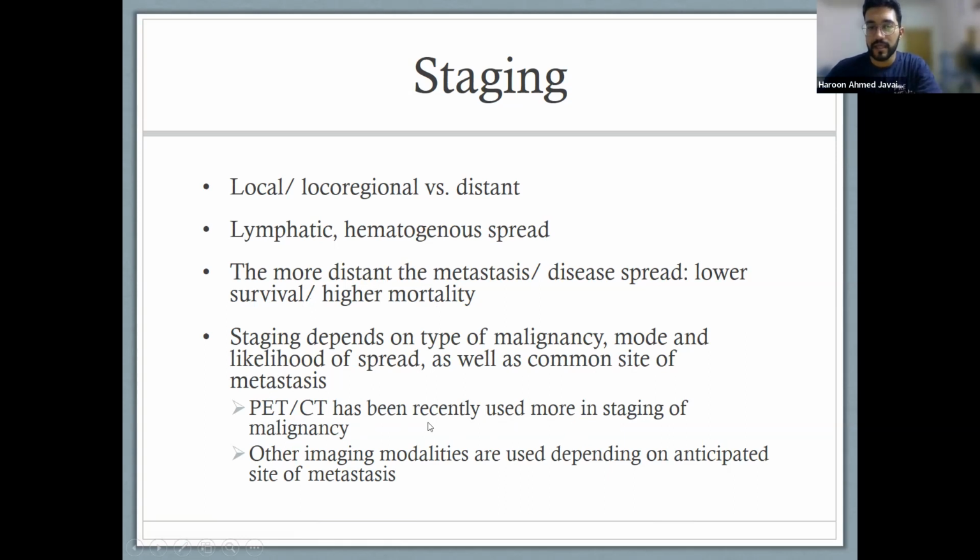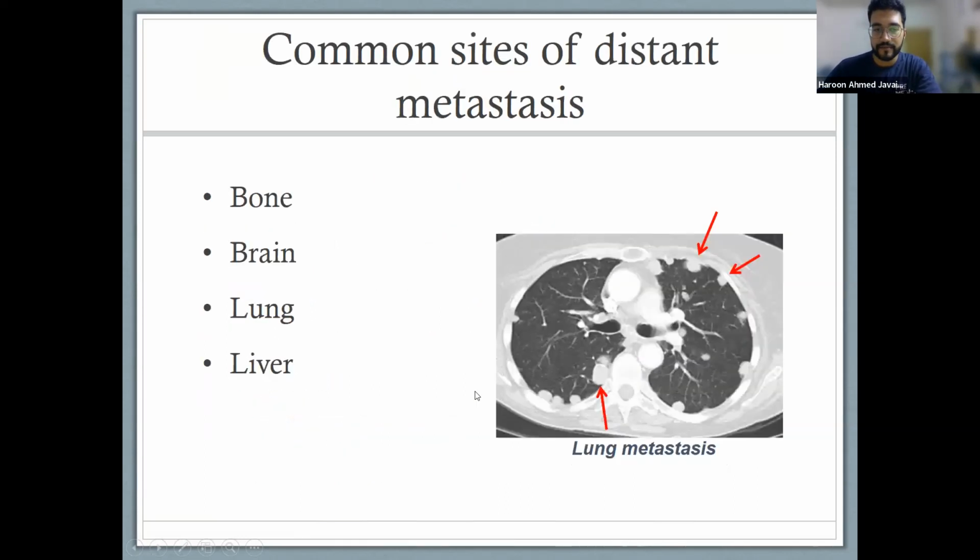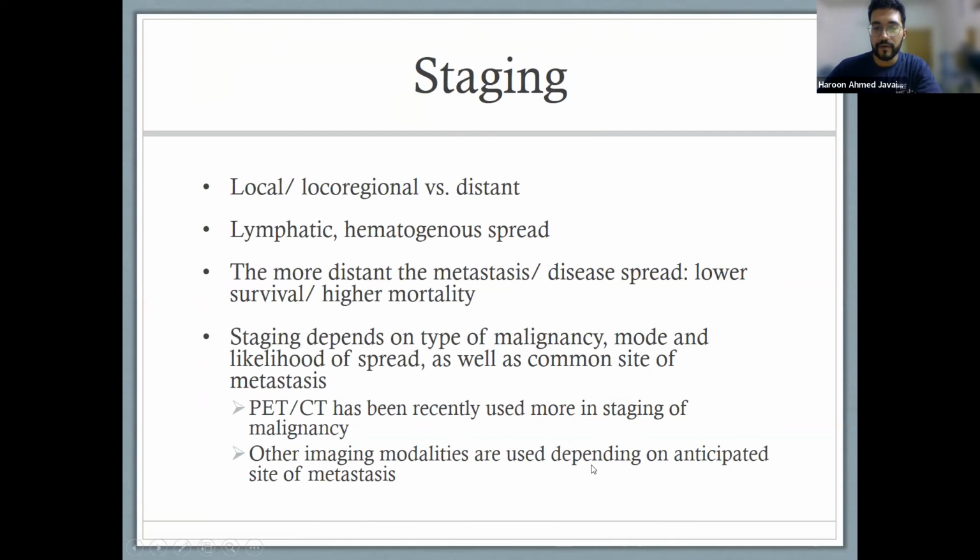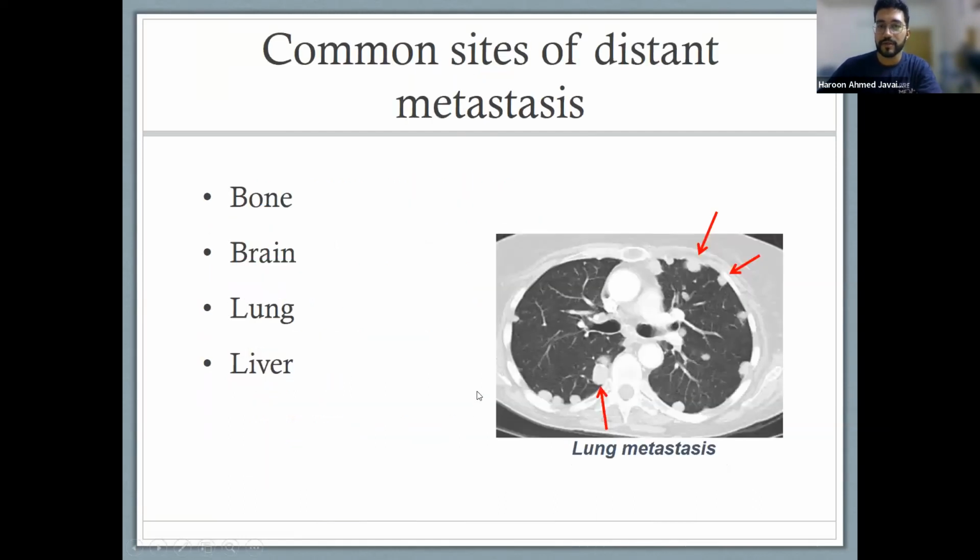Why? Because it's very expensive. Okay, so depending on the anticipated sites of metastasis, so some cancers where they're going to spread. So most commonly for lung cancer, these are the regions where they spread. Okay, they're actually not only for lung cancer, for many cancers, because also for breast cancer and stuff.